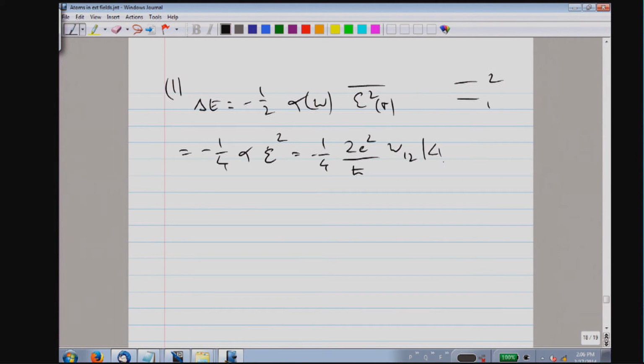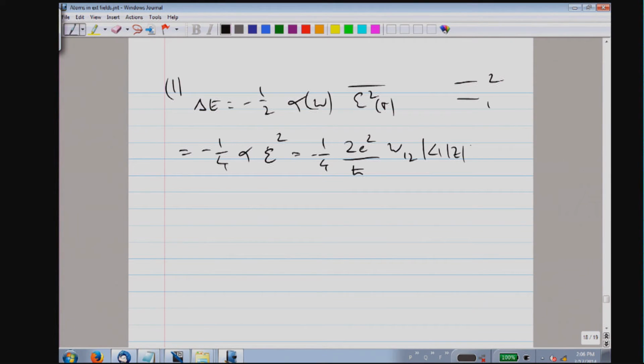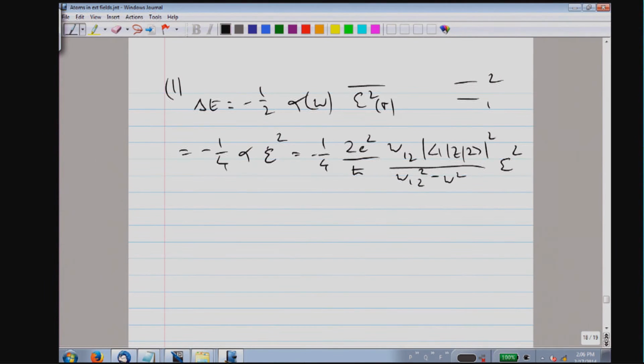We have a matrix element, which is the matrix element of the position operator Z between state 1 and state 2 squared. We have an energy denominator, which was this one. And I'm just rewriting the previous result.